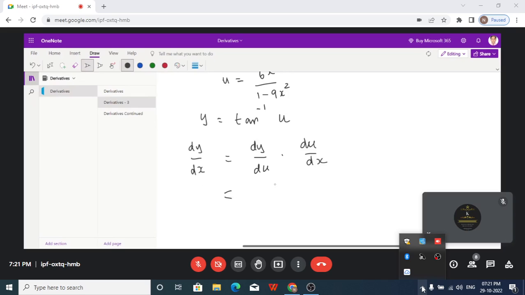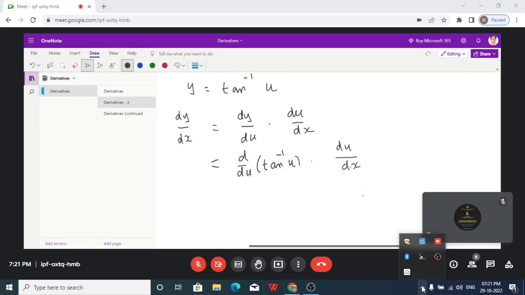So first we differentiate this tan inverse u with respect to u, and then we differentiate u with respect to x.